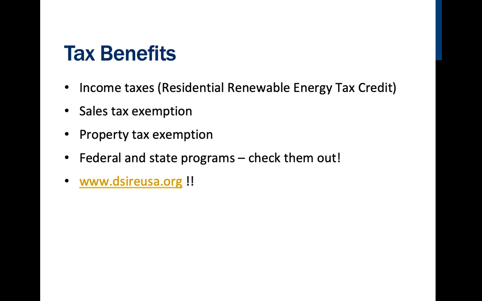There might be some sales tax exemptions, maybe some property tax exemptions, and so on and so forth. If you're a business, you can take advantage of the accelerated depreciation rates. So you can accelerate the depreciation and write off the entire cost of the system over a period of 5 years, plus take the federal tax credit. So essentially, you're paying for that system, or you're getting paid for that system, in the form of a tax credit.